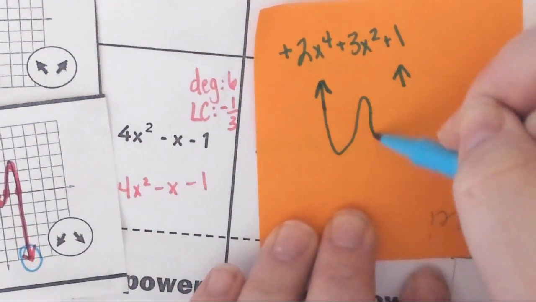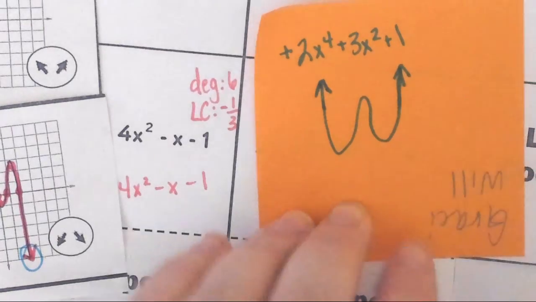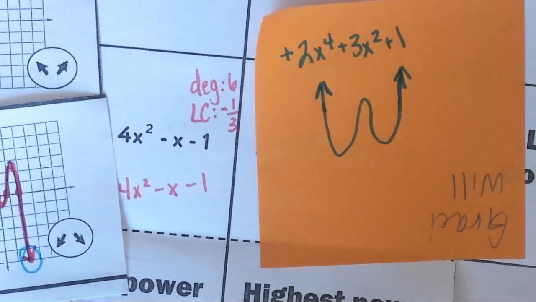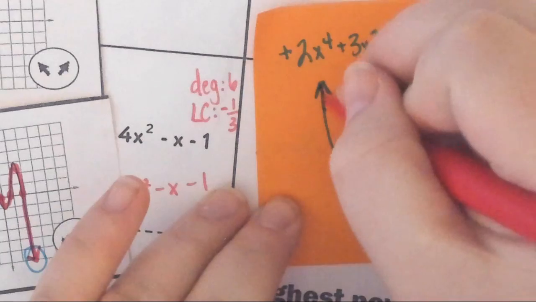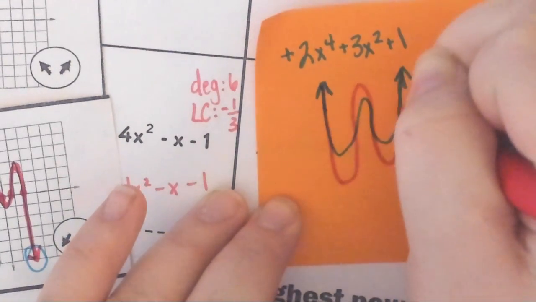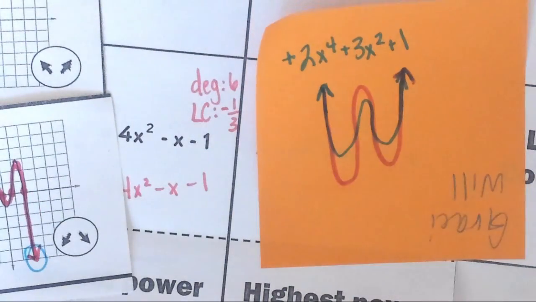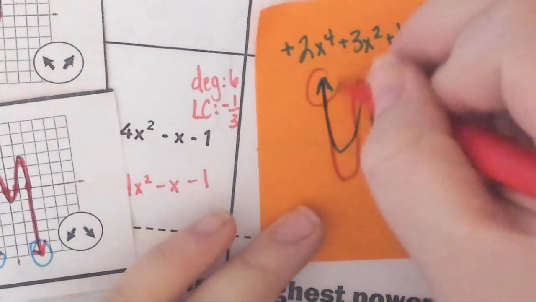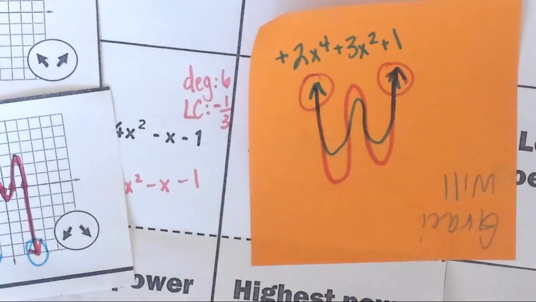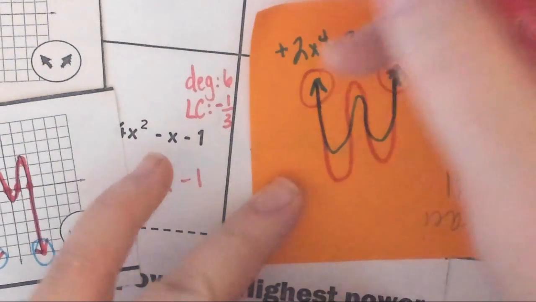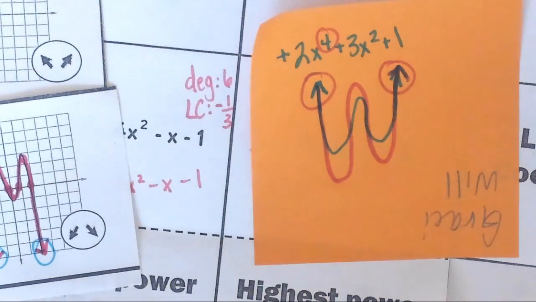Now, it might look like a normal W. That's not a normal W. It might look like a really stretched out W. There are a lot of ugly different ways it can make it look like a W. But regardless, on the ends, it's going to be going up if it's a positive number in front of an even exponent.